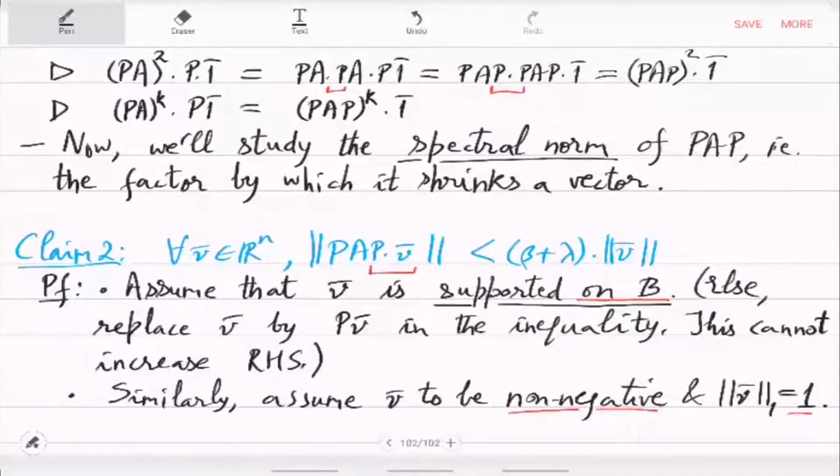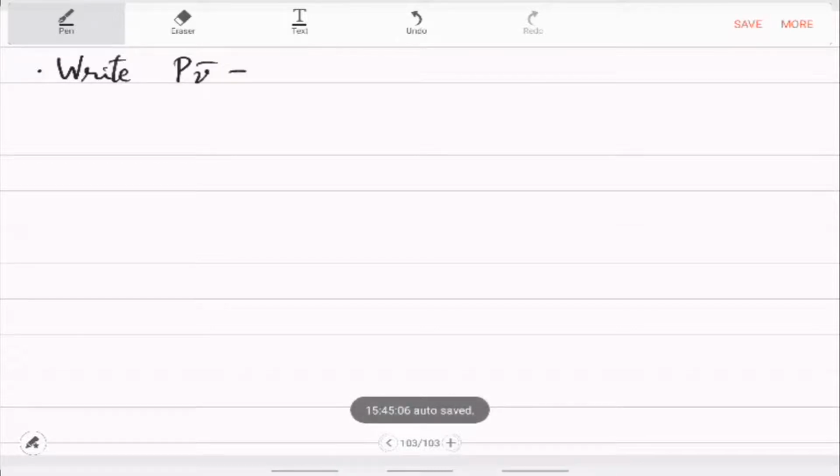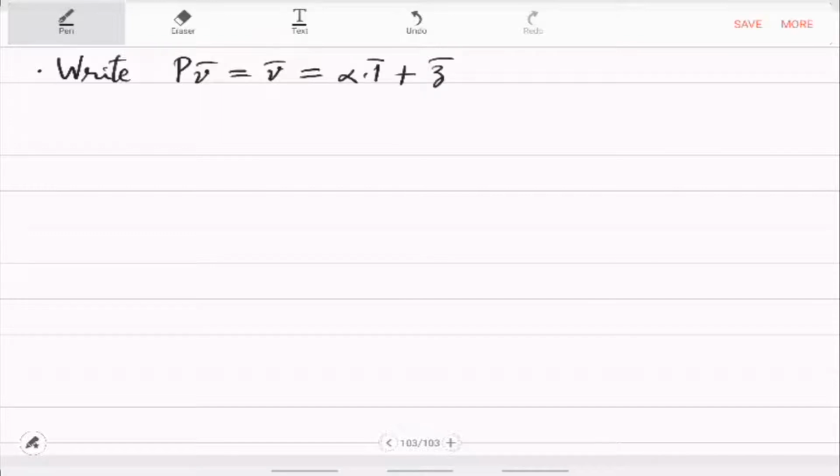So what we will do is we will first write PV bar is V bar, because V bar is already supported on B, and write V bar in two components, 1 bar direction and something orthogonal to it, Z bar.